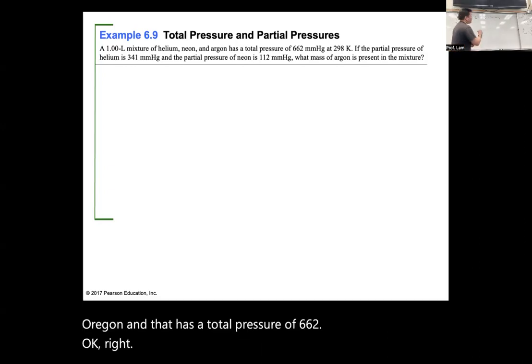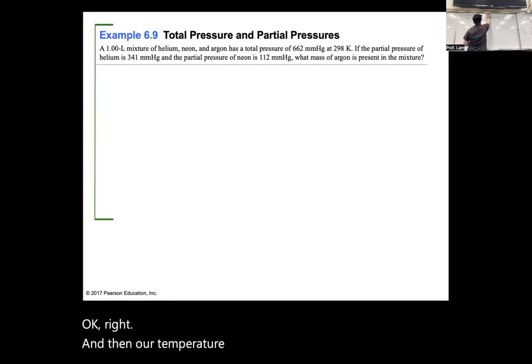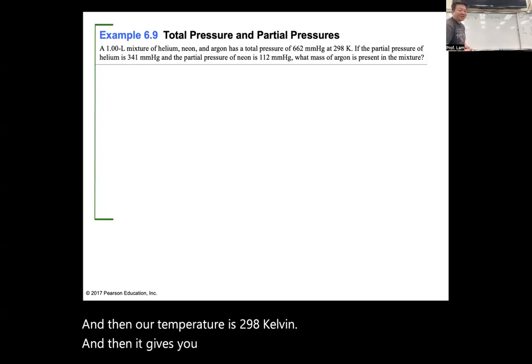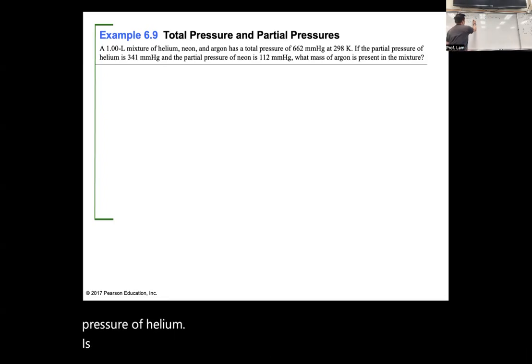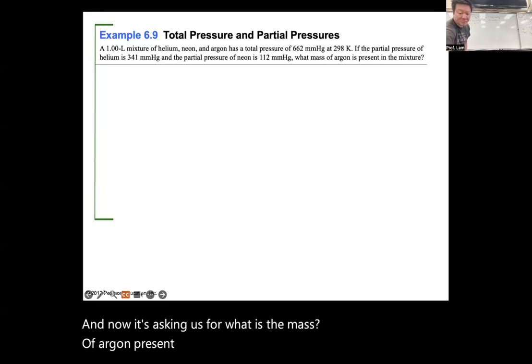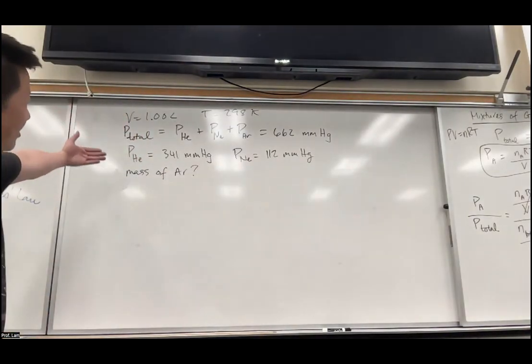Then our temperature is 298 Kelvin. Partial pressure of helium is 341 millimeters mercury. Partial pressure of neon is 112 millimeters mercury. And now it's asking us for the mass of argon present in the mix. All right, so there we have it, guys.